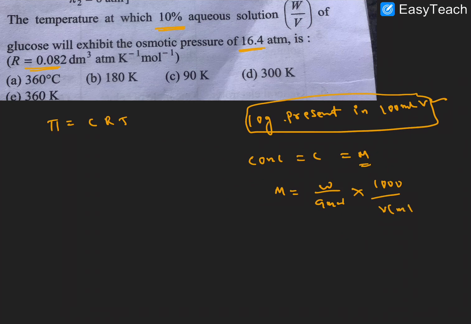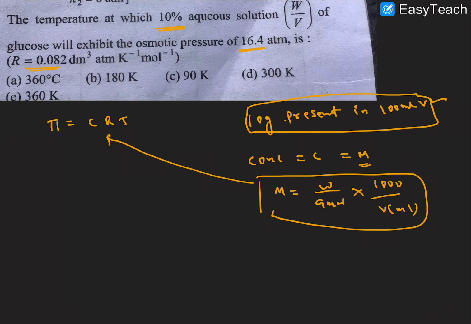So instead of C, we can write this term here. Pi equal to weight by gram molecular weight into 1000 by V in ml, into the gas constant into temperature. So we substitute these values and we get the temperature.